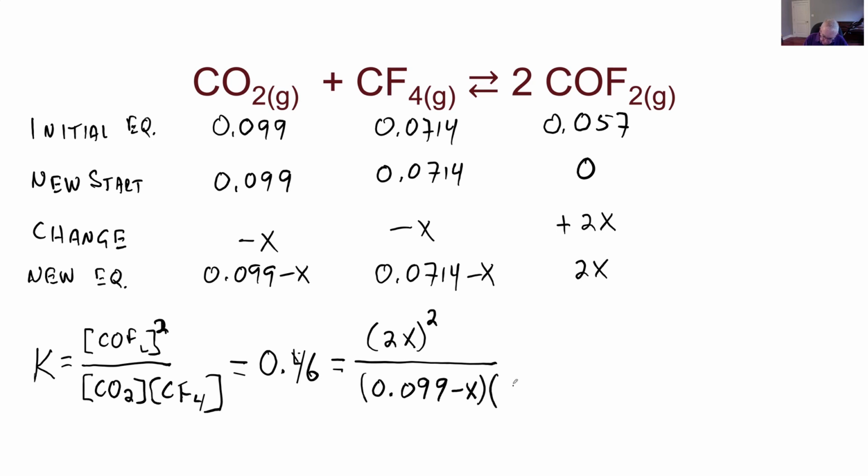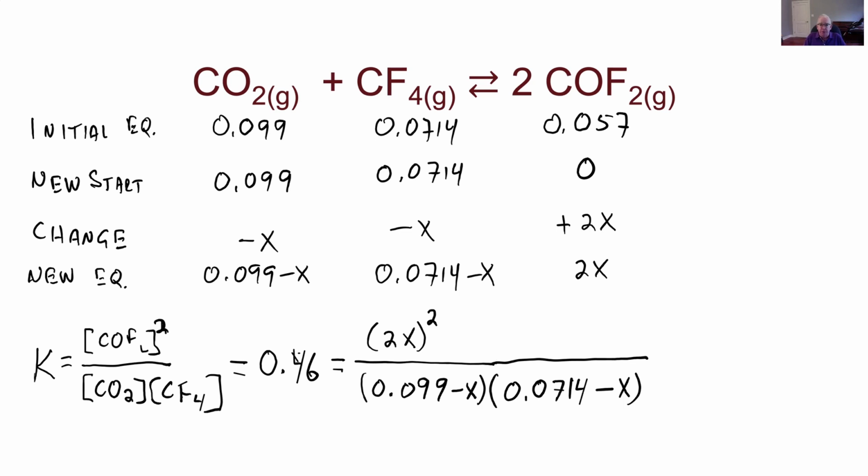And I have 0.0714 minus x. All right, when we get to there, we have, again, accomplished all the chemistry part of things, okay? Because now we've just got an algebraic equation for x, and once we get x, we know the concentrations, right?